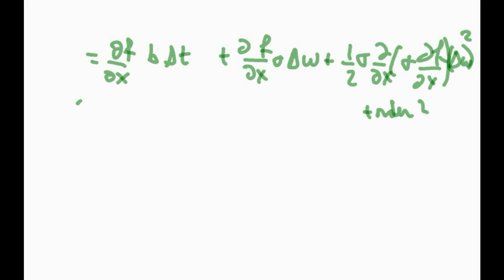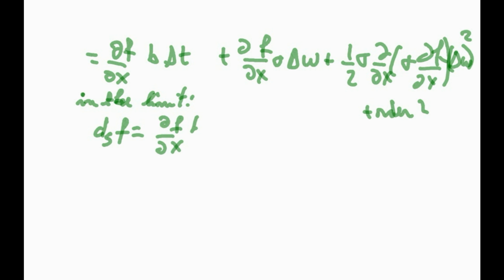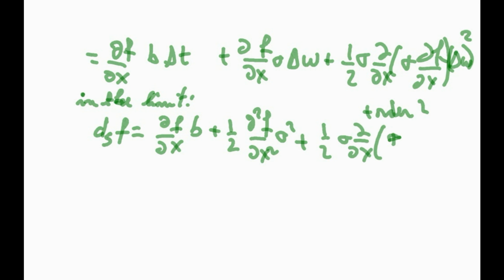And so in the limit, where we go to the stochastic integral and take the limit when we discretize the domain and so on, as we did many times before, we get that d_Stratonovich of f is df/dx b plus 1/2 of d²f/dx² σ² plus 1/2 of σ d/dx of σ df/dx, times dt, plus df/dx σ dω.